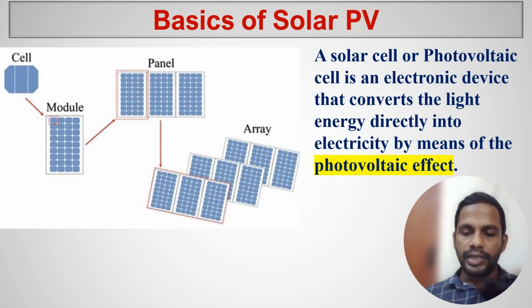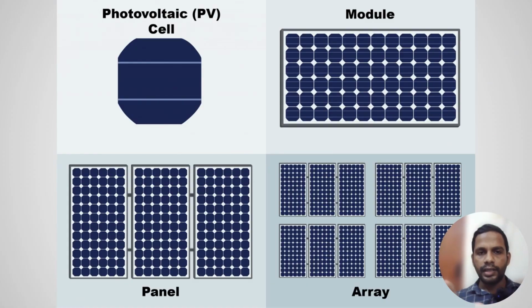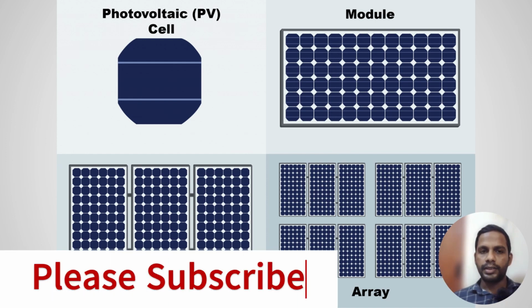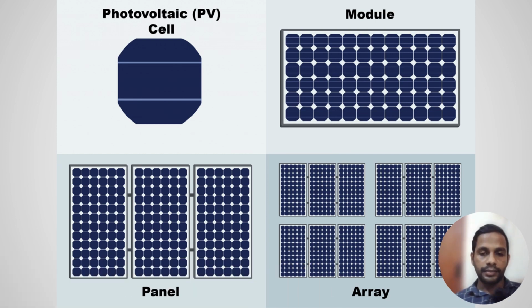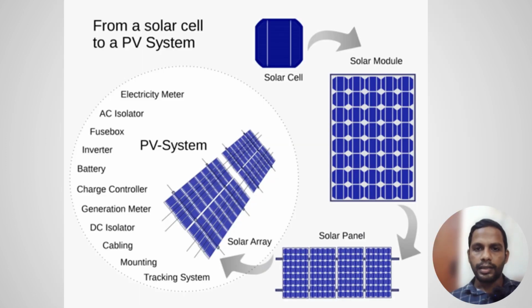So this is very simple. I'll show how different websites put this into a picture. So this is a cell, a module, a panel and an array. I bring this here because there is a little bit of confusion in the naming between different websites. To make it simple, we'll show it here.